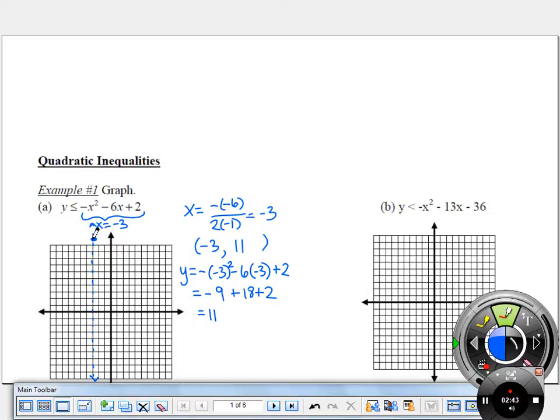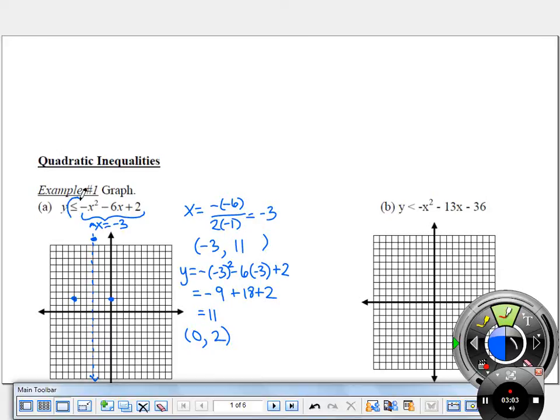I'm going to go ahead and plug in 0. When I plug 0 into the equation, I'm going to get 2. So I know I have the point 0, 2, and then I should also have its mirror image on the other side. So these are points that are going to create the parabola. I'm going to draw in the boundary, and now I need to pay attention to the inequality.